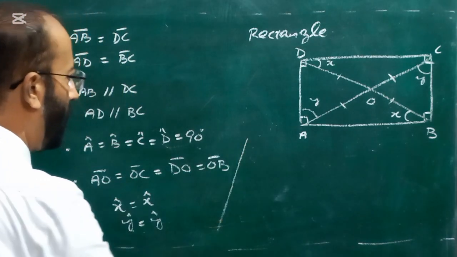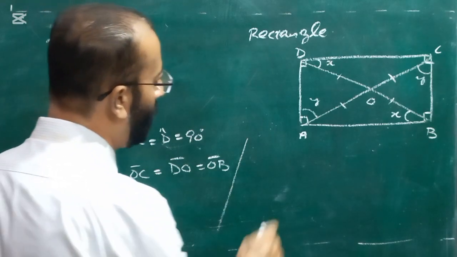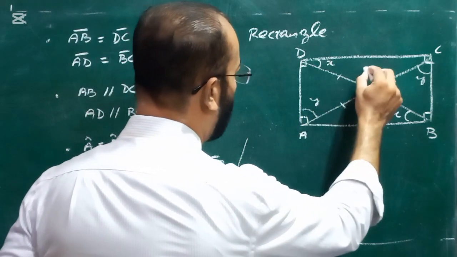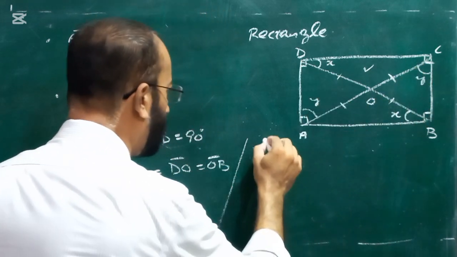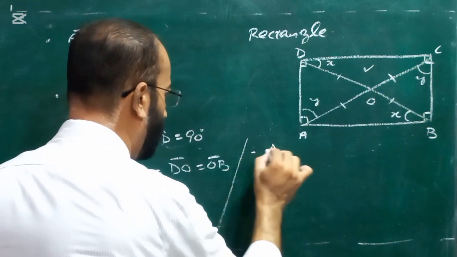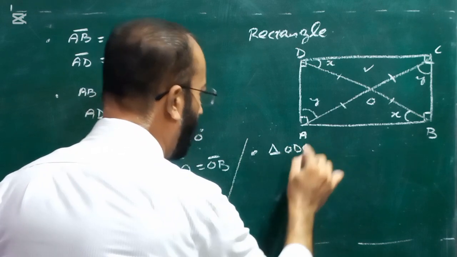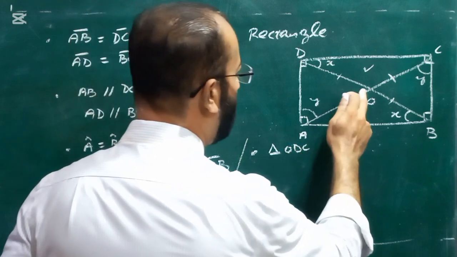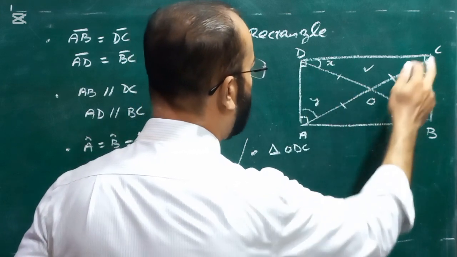Okay, the next property which is applied in this figure: if you look at this triangle, for example, the triangle ODC, this is an isosceles triangle because these two sides are equal.